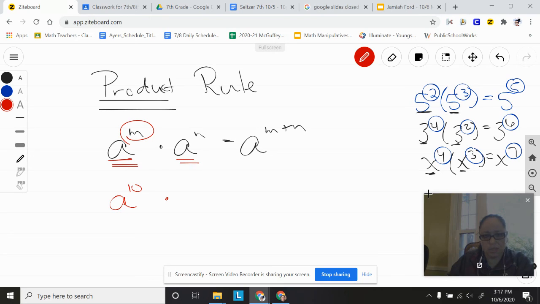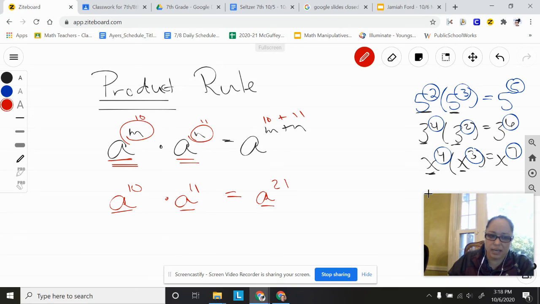It still has to be an a, so I'm going to make it an a. Let's say n is 11 this time. Well, because I know this rule, m was 10, n was 11, then I know this has to be 10 plus 11, or this has to be a, again, same base, to the 21st power.